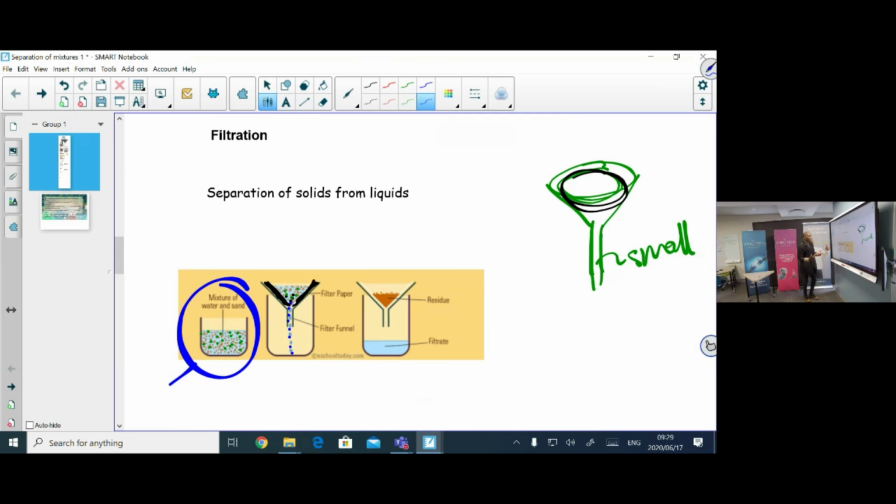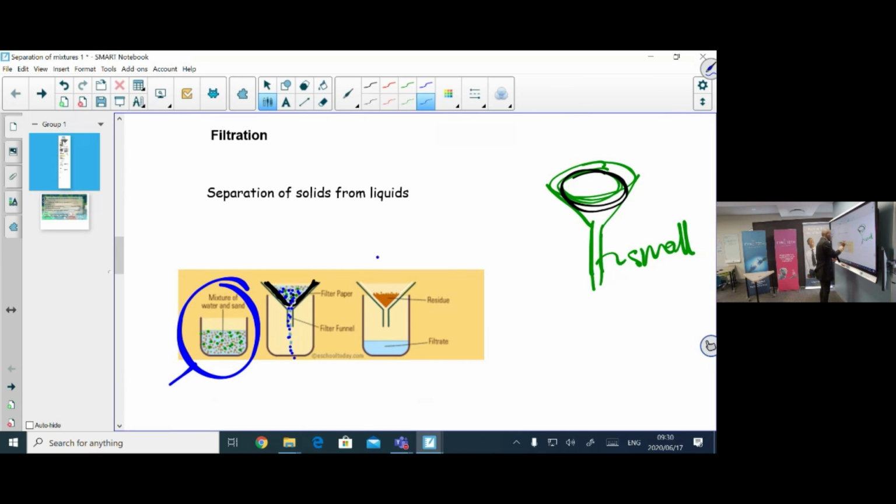Bit by bit, it's a very slow process, and the liquid will drop out, and the solids will be held up or will pile by your filter paper or by your funnel.